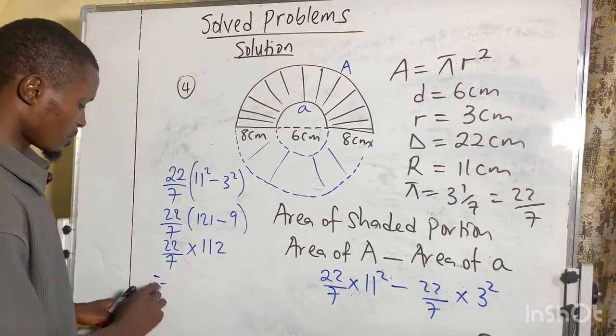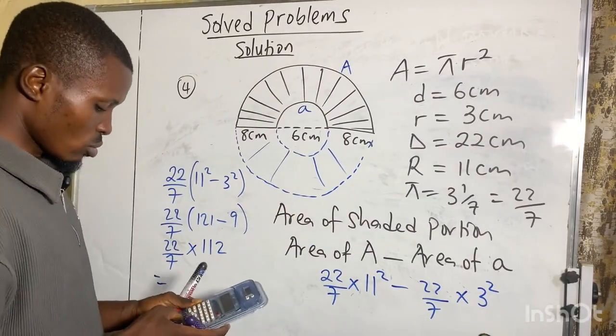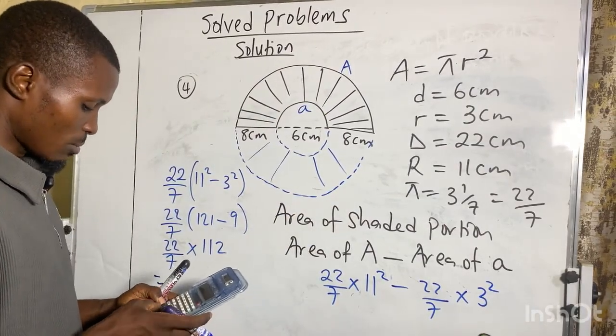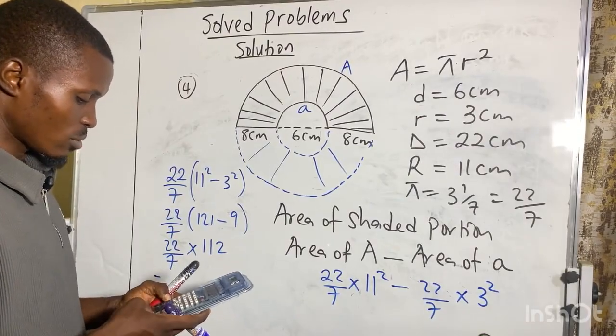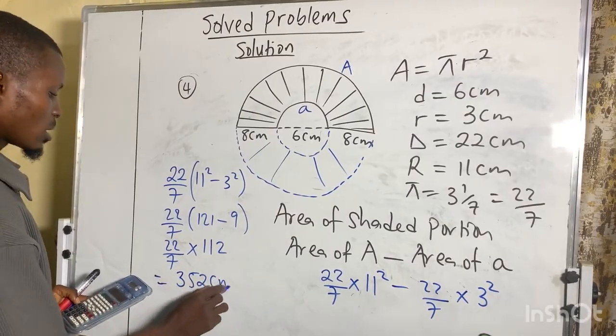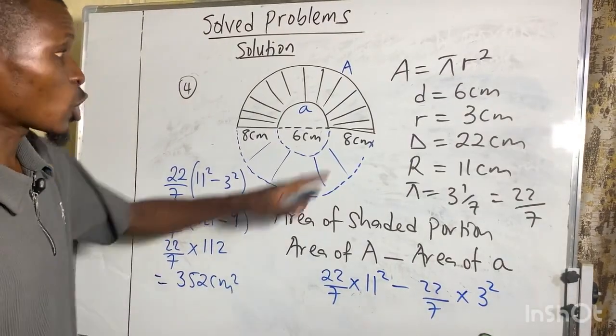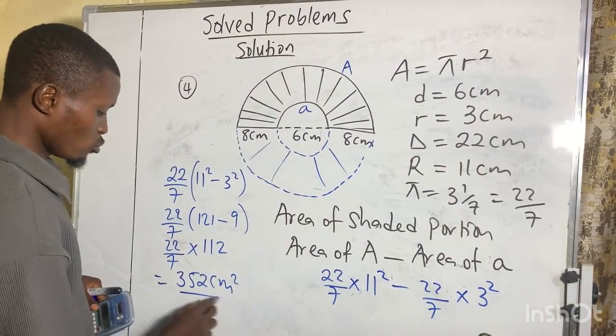So multiply this. What do you have? 22 over 7 times 112. 22 times 112 divided by 7 gives us 352 centimeter square. This is for a complete circle. So for the semicircle, we are going to divide this by 2.